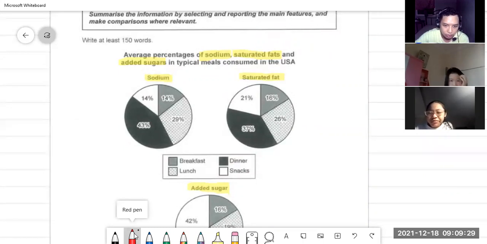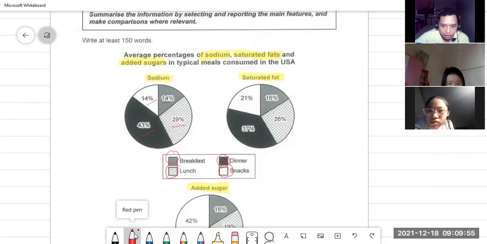So as we can see the chart in here, and here's the description. When it's this color, it means the breakfast. So breakfast is 14%, and then dinner, the black one, is 43%, and lunch is 29%, and for snacks it is 14%.